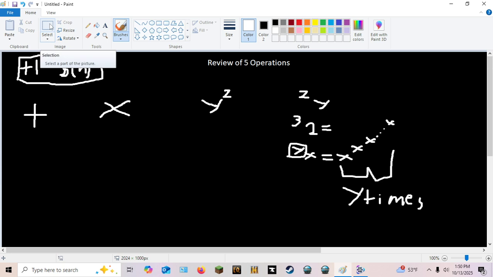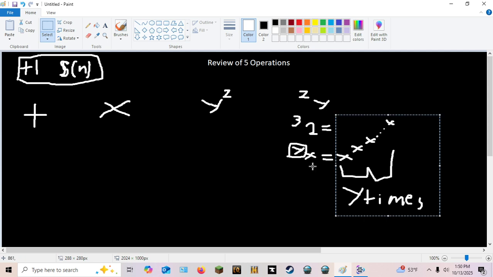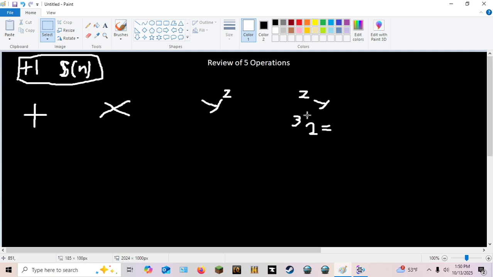This tells you how many times to exponentiate the base number, so that's the base number x. So let's evaluate this. 2 tetrated to 3 equals 2 raised to 2 raised to 2.